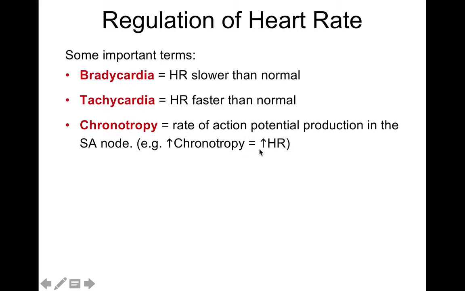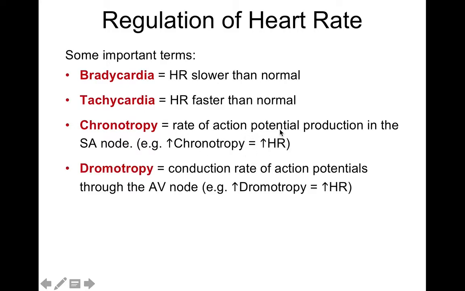And it will obviously cause an increase in heart rate. Dromotropy is something slightly different, and this is the conduction rate of action potentials through the AV node. Anything that increases the conduction rate through the AV node is described as causing increased dromotropy, and this also will increase the heart rate.